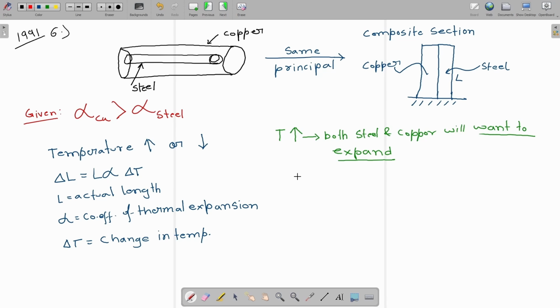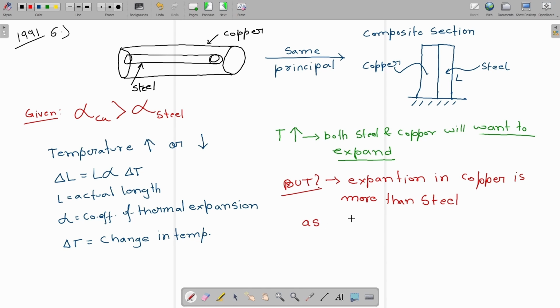But what is happening is the expansion in copper is more than steel, okay, as alpha of copper is greater than alpha of steel.